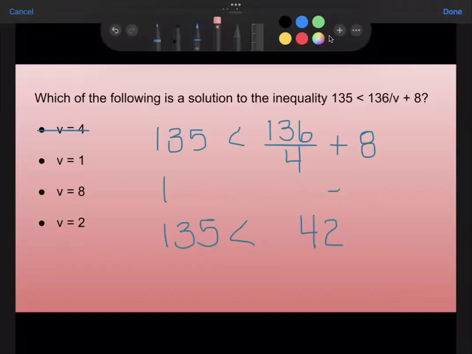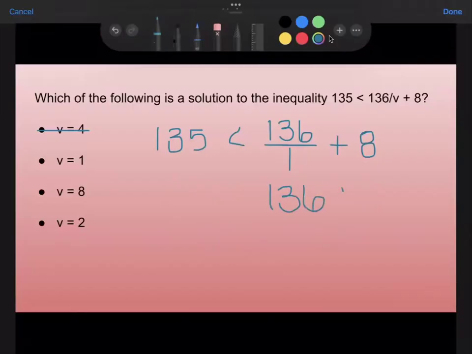Now I'm going to erase some of the work I did here, and then replace the V with a 1 this time. So 136 divided by 1 is 136, plus 8 on that side, just bringing down the plus 8, the symbol, and the 135. All I did in that step was take 136 and divide it by 1, but I brought down everything else with me.